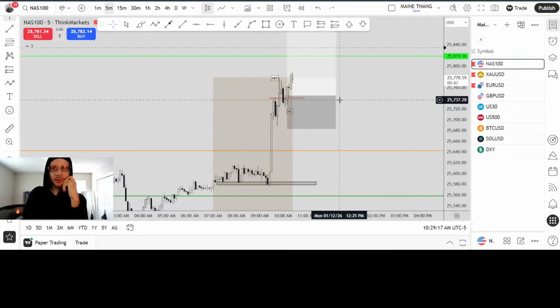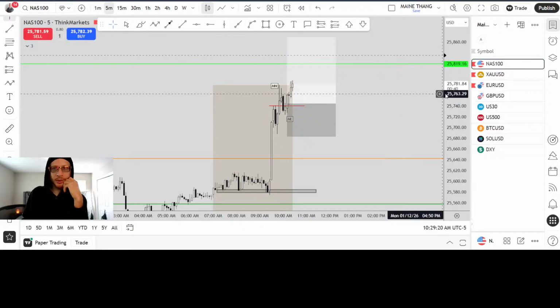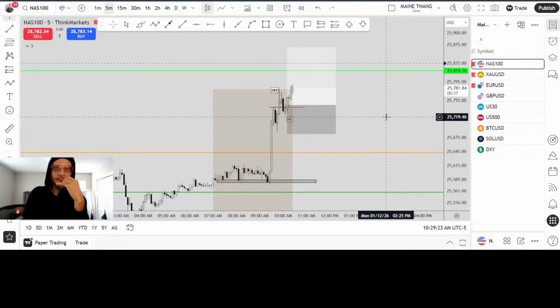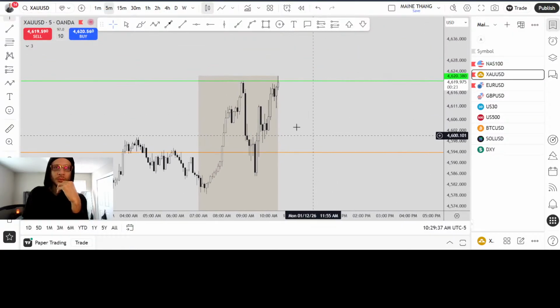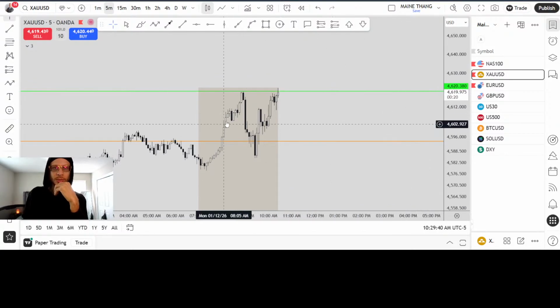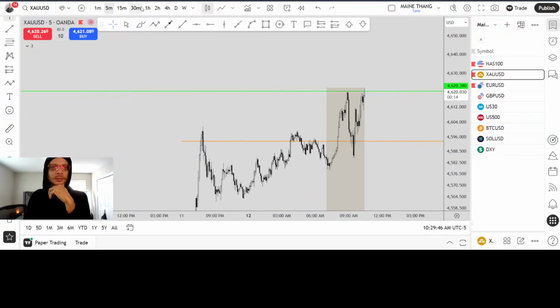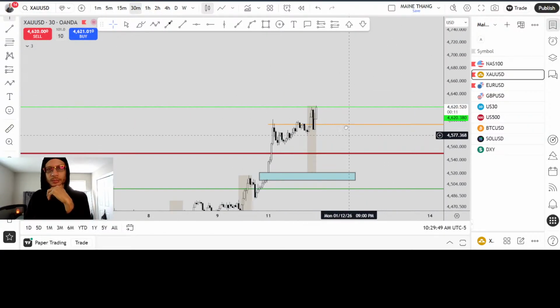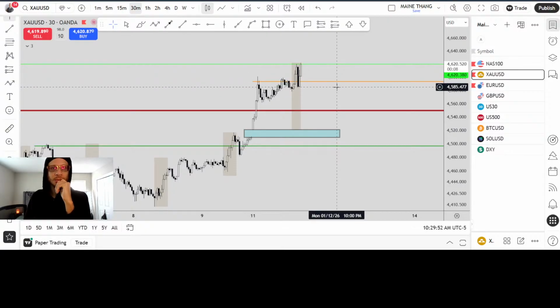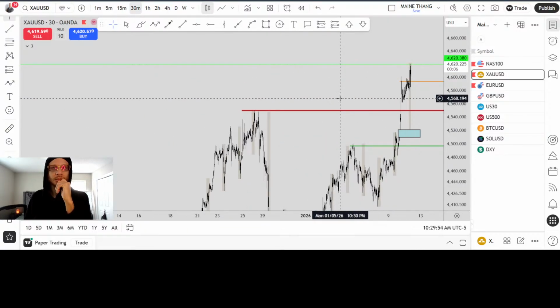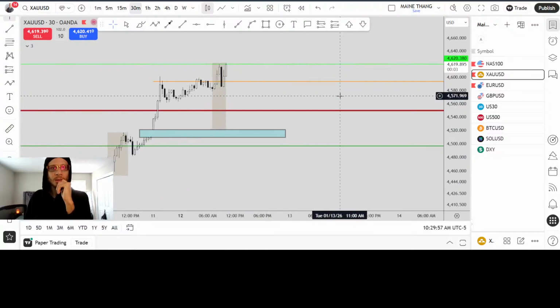All right, steam is running out on NQ, but it's still trying to move up. So it just broke the high that was created at 8:55. An all-time high.